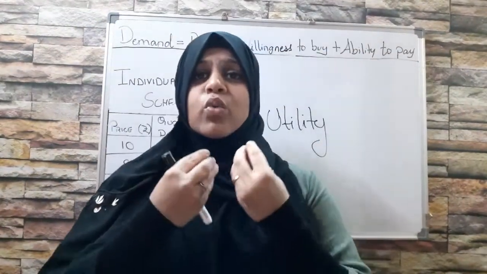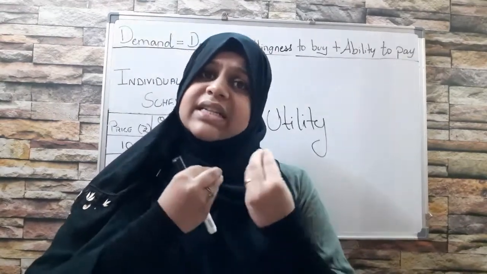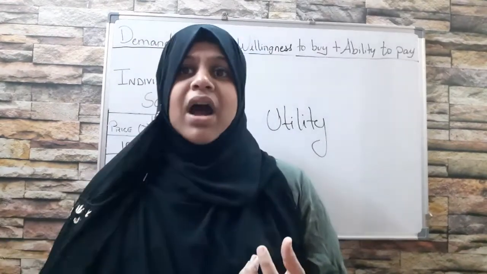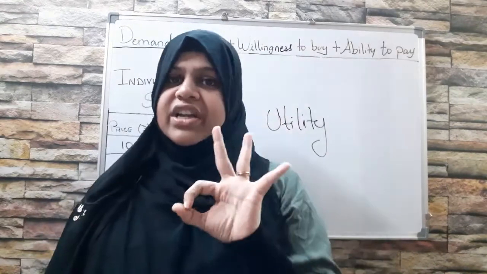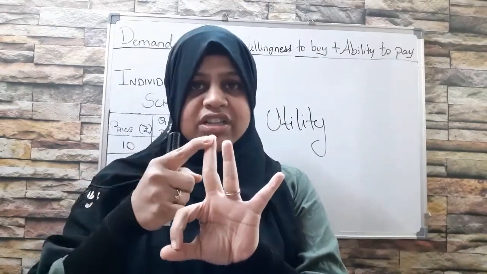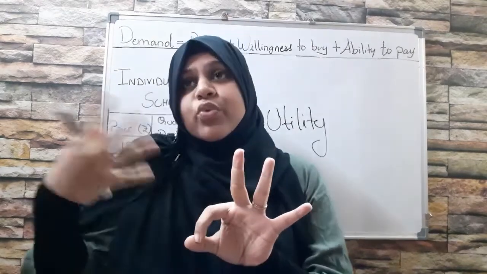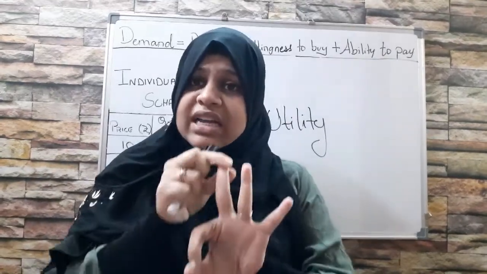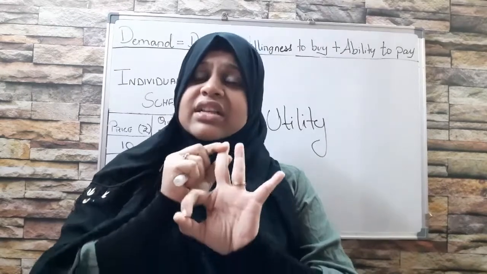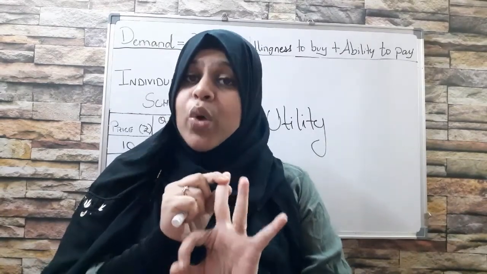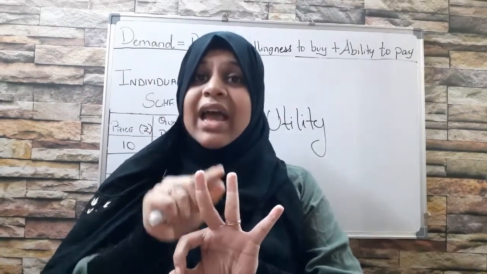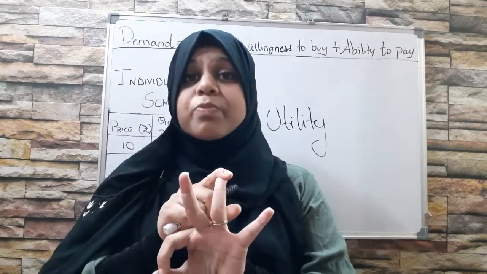For a simple wish to become a demand, there are these three criteria which are required. The first one is a mere wish or a desire. For example, I wish to buy a new car. This is just a desire, this is just a wish. When will it become demand? When I have the ability to pay for it.